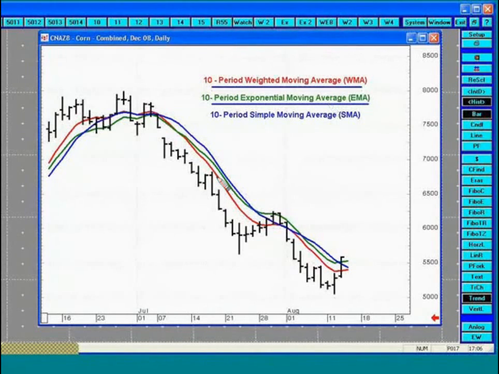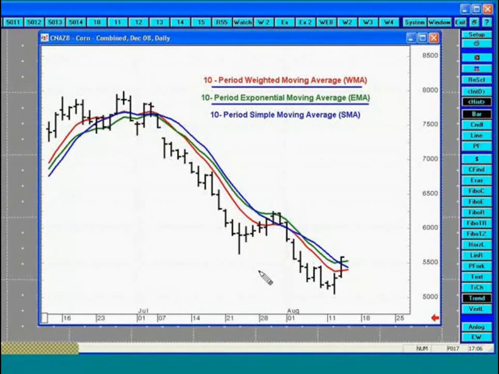For example, if you have a 10-period moving average, you look at each period and assign the same weight to each period. With exponential and weighted moving averages, you tend to put more weight on the most recent occurrence of data. And as you can see from this chart, the variation is noticeable, but not enough to really make a big difference with regard to analysis.